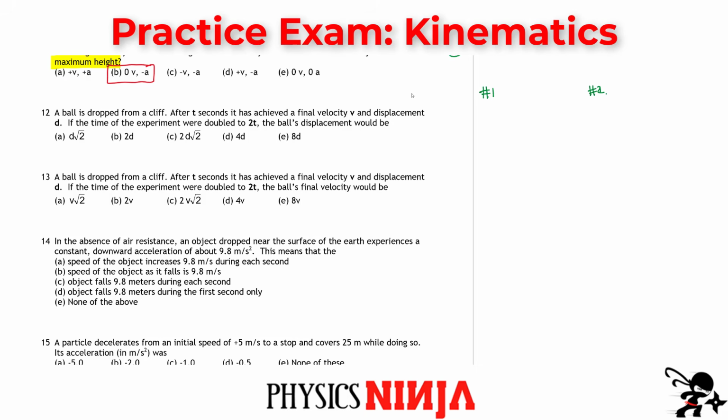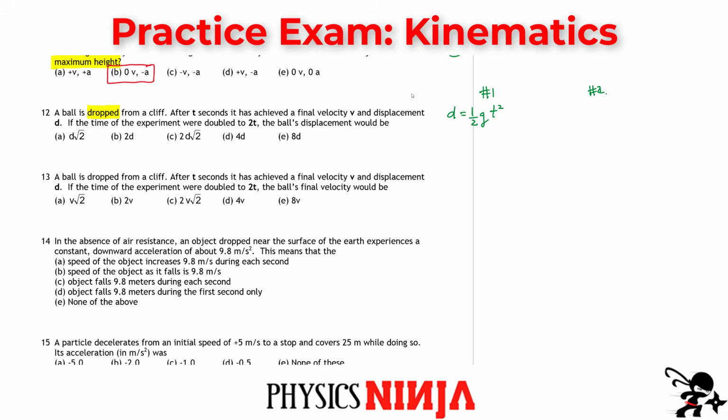The equation that I'm going to use here is d is 1/2 g t squared. There's no initial velocity term because I've dropped the ball, so that initial velocity is 0. What else do we know? The velocity is v at the end, and the displacement is d. Now what happens if you double the time?